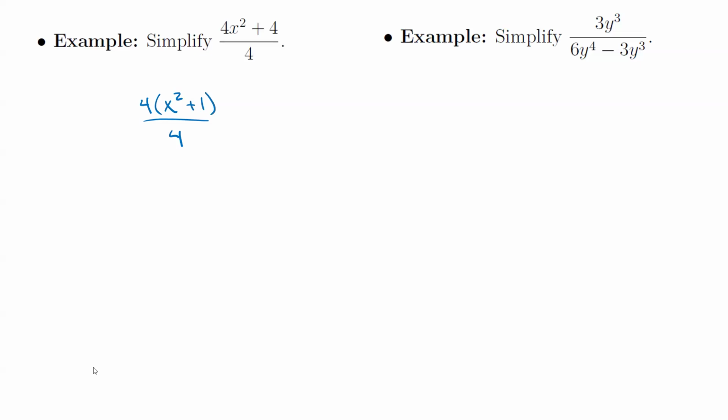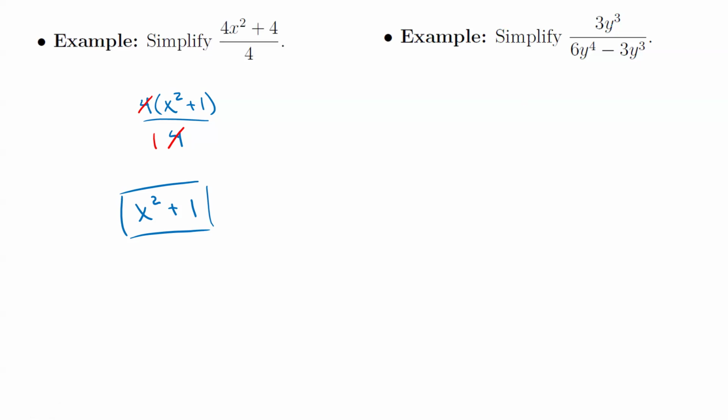There is a common factor of 4 in both terms, and so I can pull those outside of parentheses. And now that I've factored the top, now it's okay for me to go ahead and cross this 4 out on top and cross this 4 out on bottom. Of course, when I do that, you're really dividing by 4, and so there's a 1 there. But in my final answer, you don't need to put the 1, right? So our simplified version of that rational expression would just be x squared plus 1.